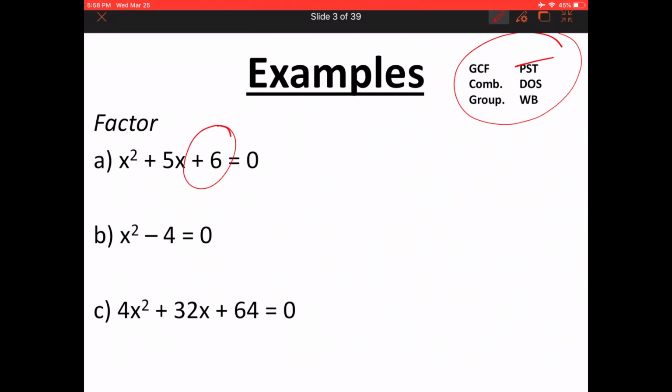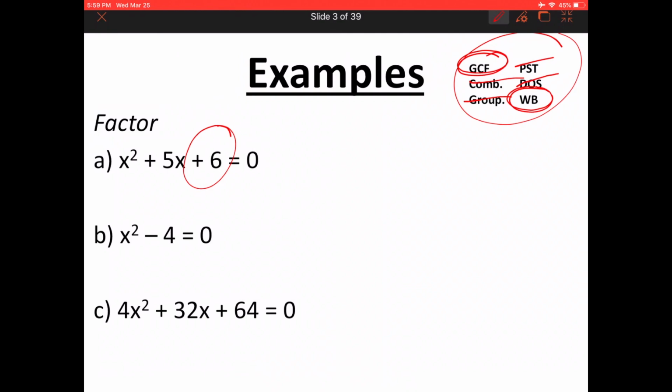I know it's not going to be difference of squares, because difference of squares only has two terms, and again, they have to be perfect squares. I know that it's not going to be grouping, because grouping requires 4 terms, and I only have 3 terms here. I know that it's not going to be combining, because combining, remember, they have to share the same factor, x minus 2, x minus 2. So my only two options that I'm left with are GCF or working backwards.